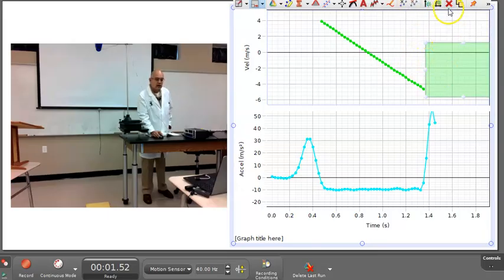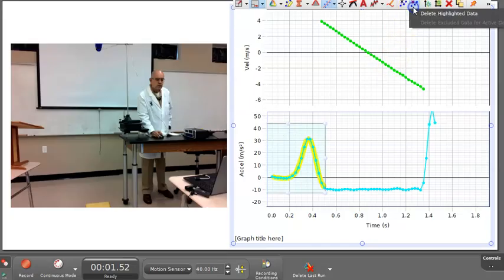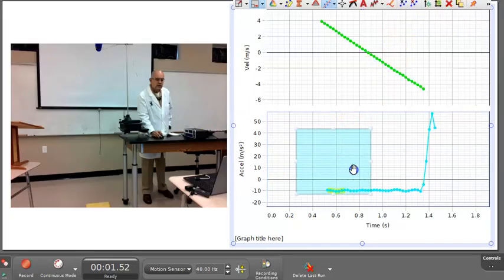Now we're going to do the same thing with the acceleration data. We're going to eliminate the data before the ball was launched, and then we'll eliminate the data after the ball struck the pad.